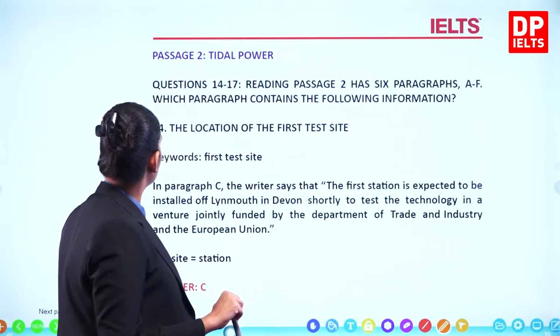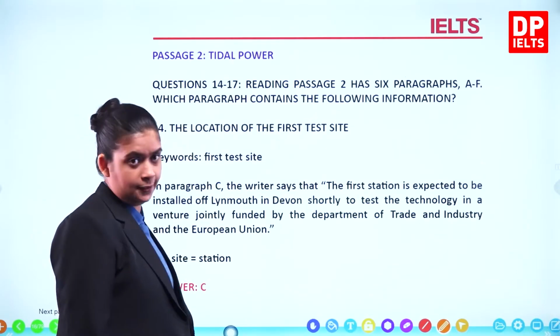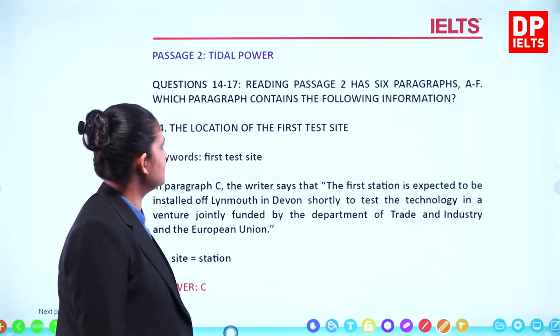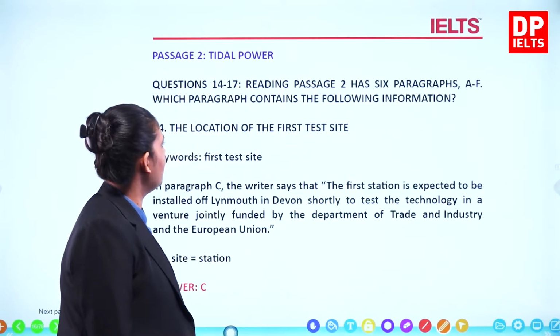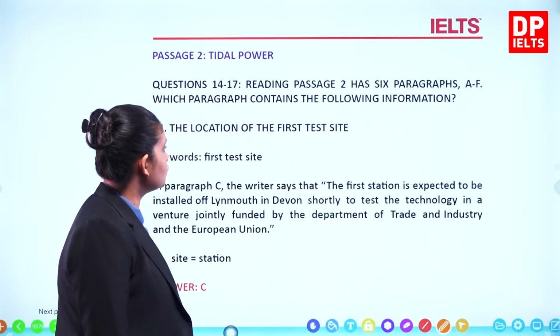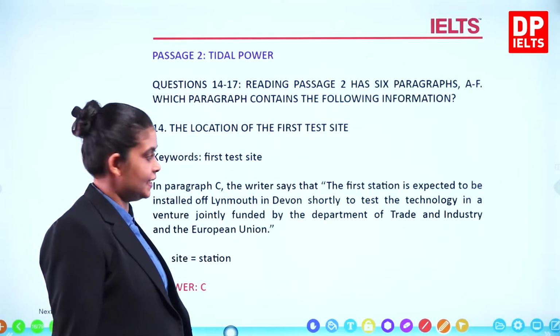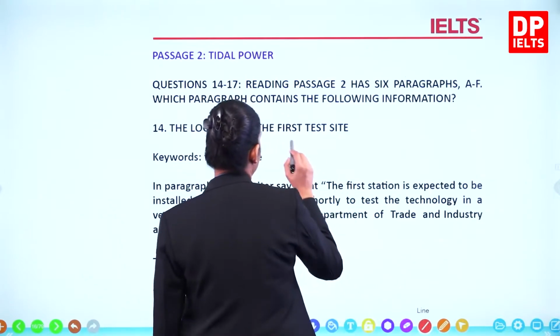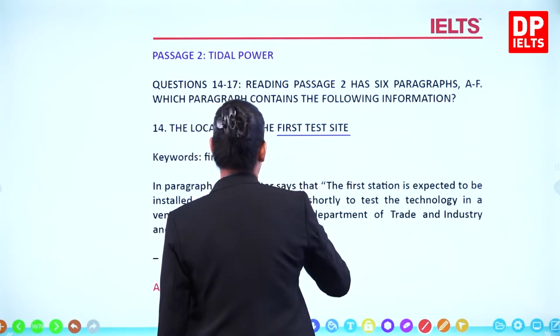Right. Questions 14 to 17. Read passage 2, and it has 6 paragraphs. Which paragraph contains the following information? The location of the first test site. Okay, so the key words are first test site.